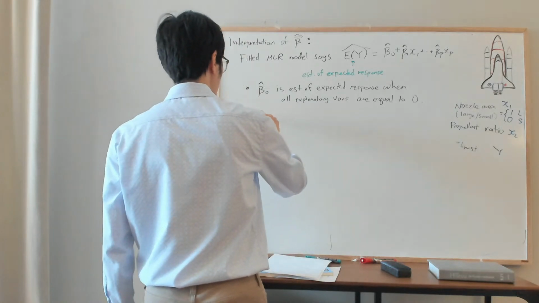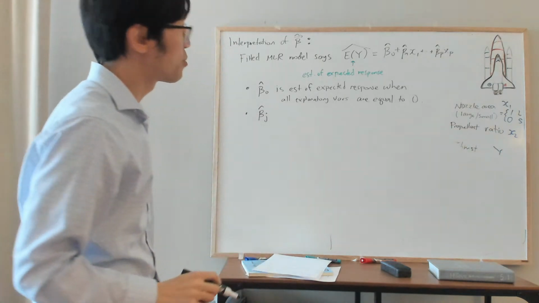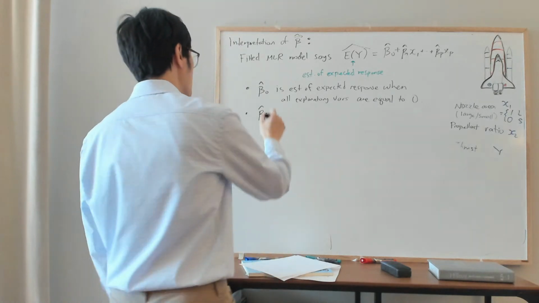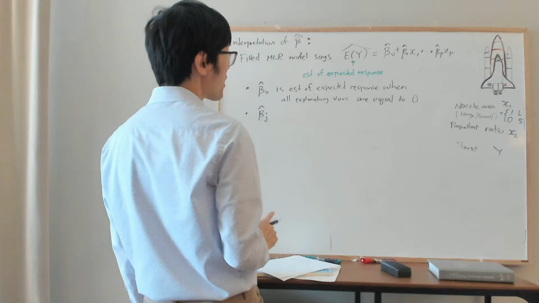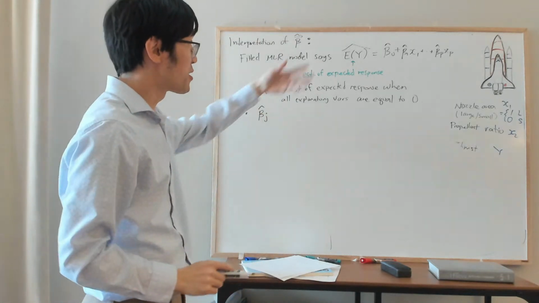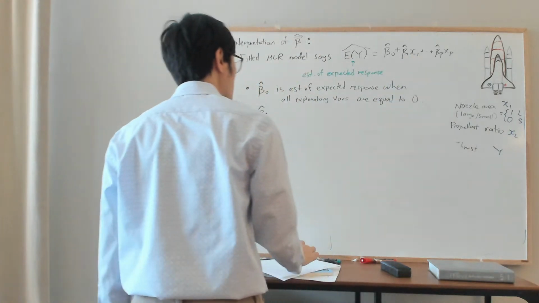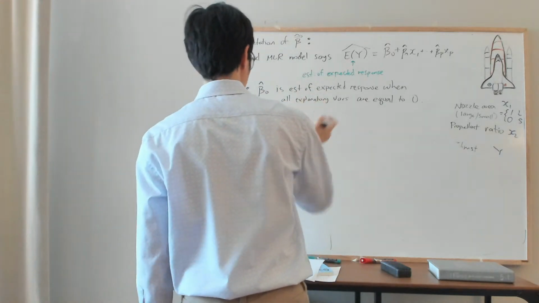For the rest, we can interpret them similarly to the slope parameter we had in simple linear regression. We just have to be a little bit careful to say that the interpretation assumes that everything else is held constant, because now we can have multiple x's in our equation. Let's start the same way as before.